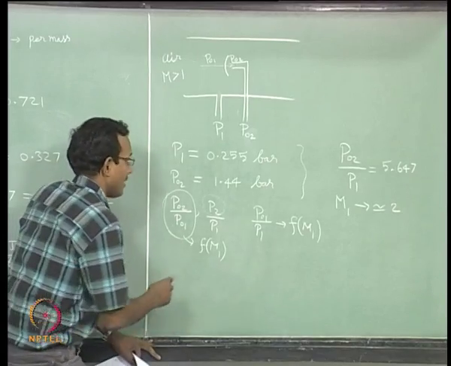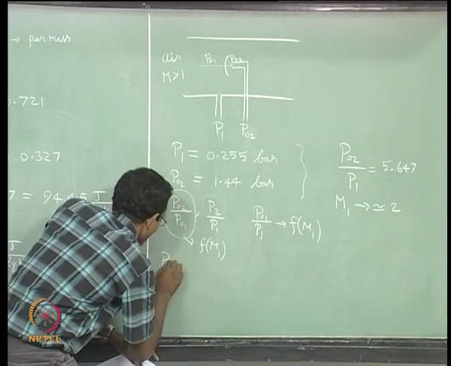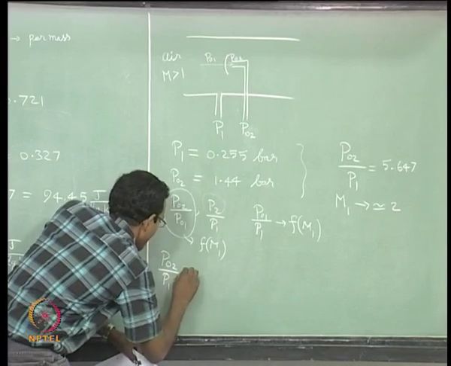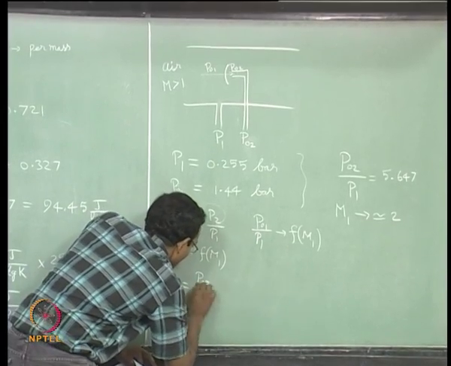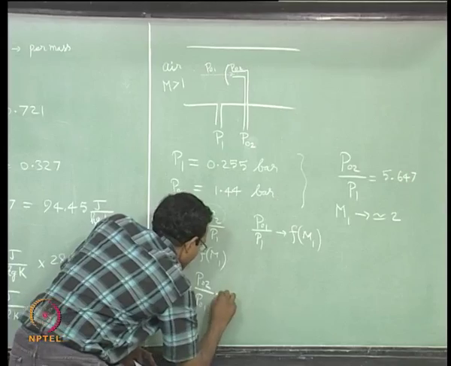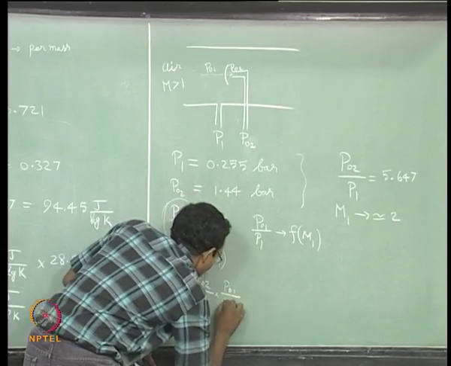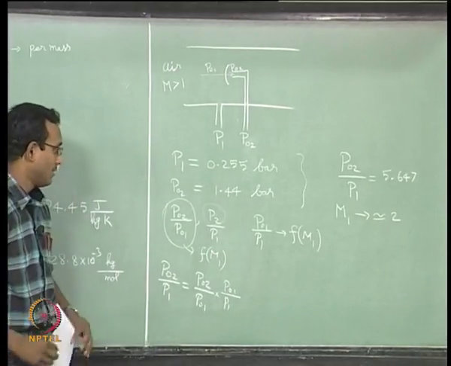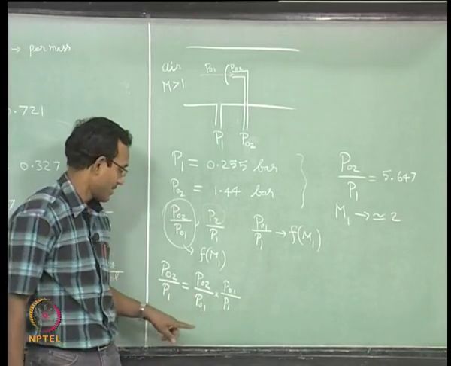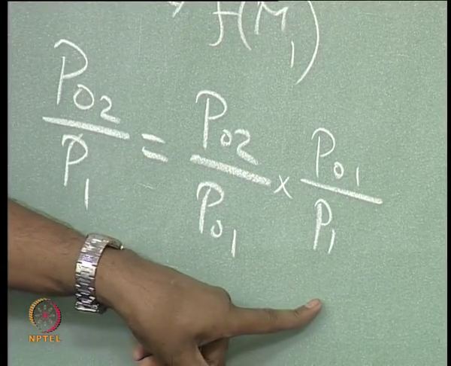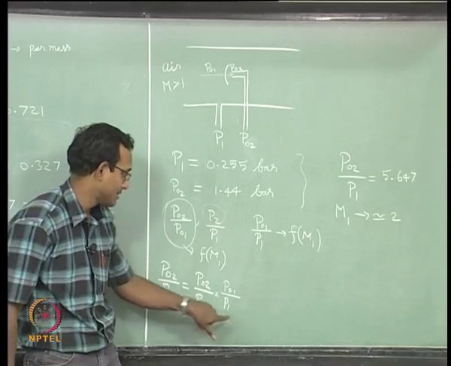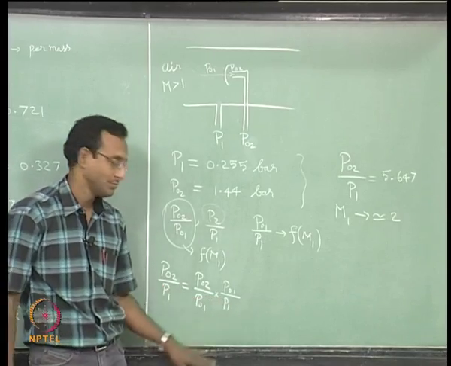P02 by P1 is equal to P02 by P01 into P01 by P1. If I guess the Mach number, I can get this number from normal shock tables and this number from isentropic flow tables.